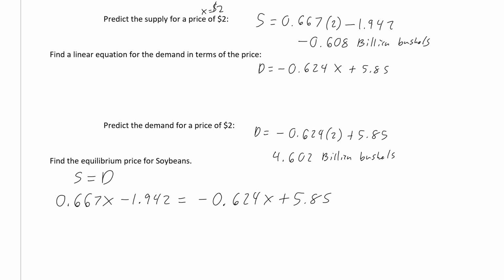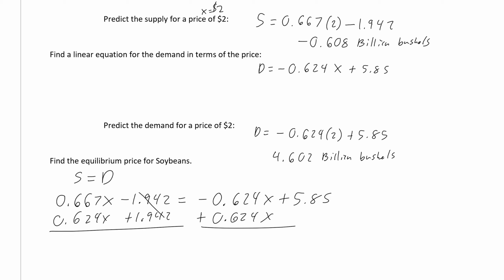So if we set these two equal, we add this to this side. Add this one to the other side. Quick calculator just to make sure we do this correctly.